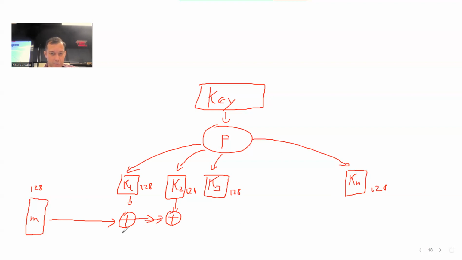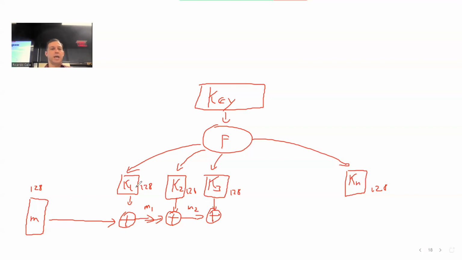And then here you get, let's call it M1, because I don't want to confuse it. It's technically C1, but I don't want to confuse it with the cipher, so let's just call it M1. But you know that if this is a key, in theory you can't make this out anymore. And then this goes into the next one, which gets XORed. And then like that, K3, and this is M2, the output of this one.